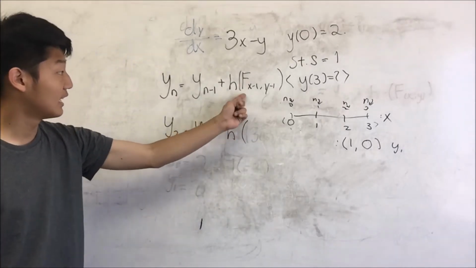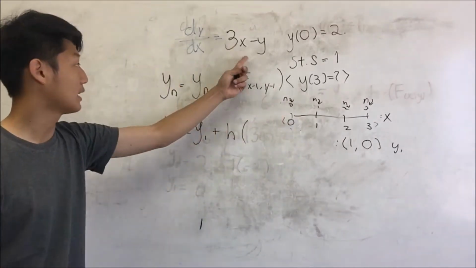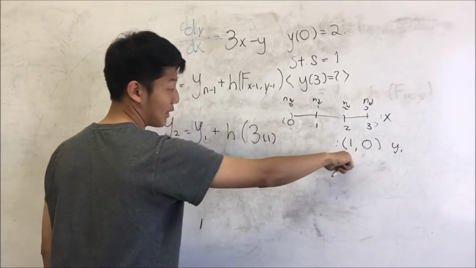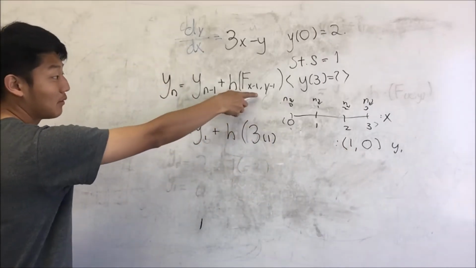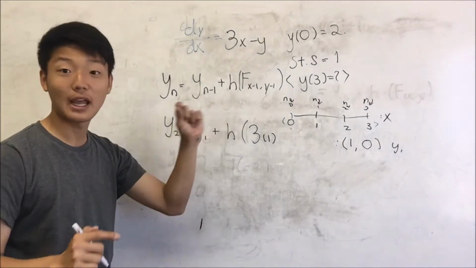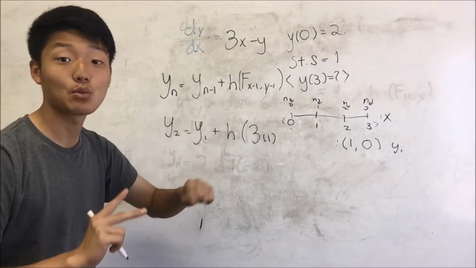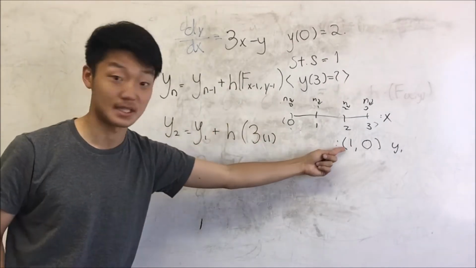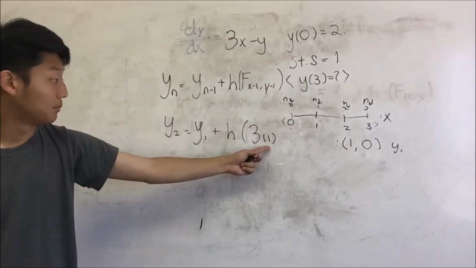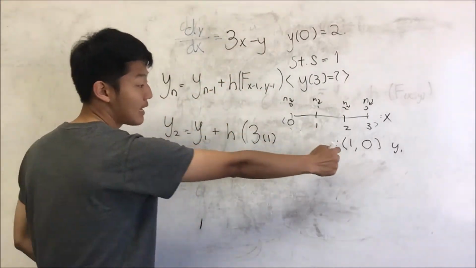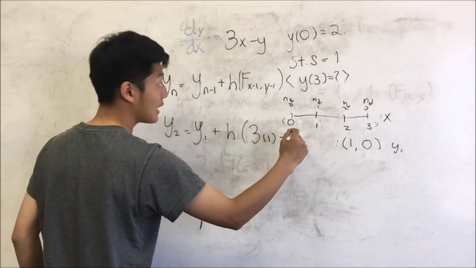Now the function again: 3x minus y. We need the function at x1 and y1, so x is 1, y is 0.